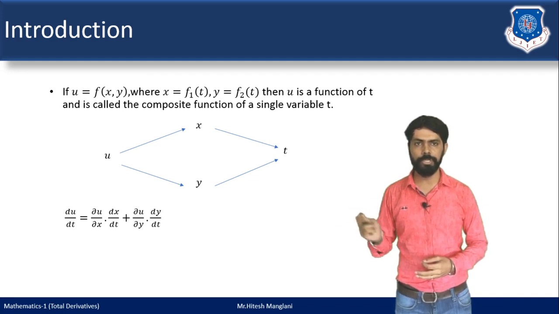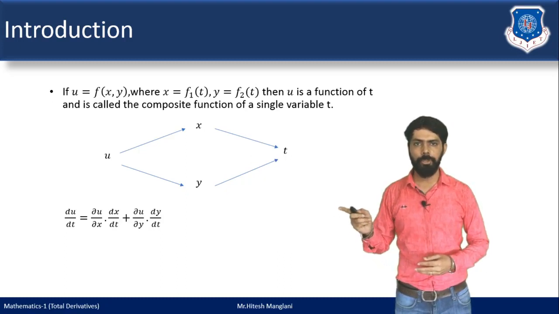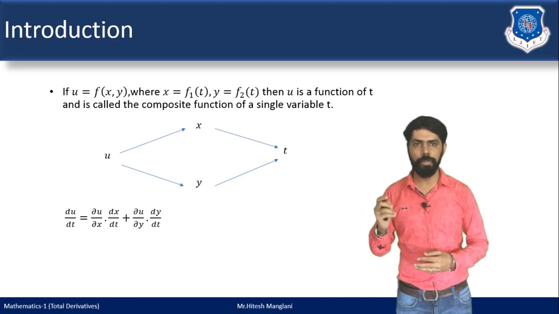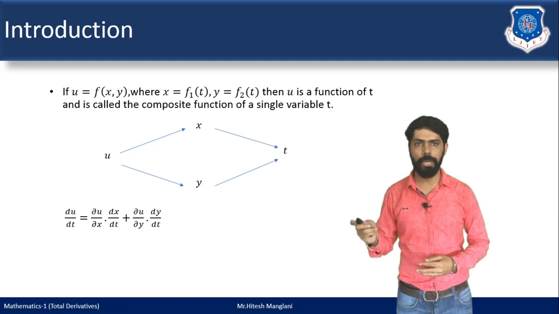Del is the symbol of partial derivative and d is the symbol of ordinary derivative. So here again u is a function of x and y, therefore we will write del u by del y, and y is a function of single variable t, so we will write dy by dt.